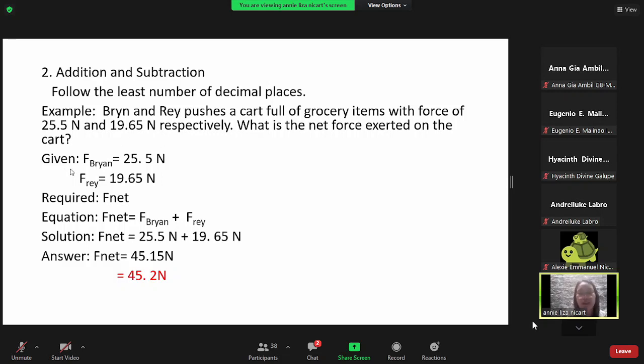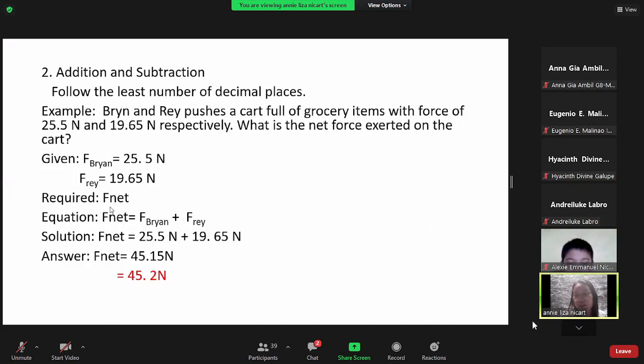These are the givens. The force exerted by Ryan is 25.5 Newton, and the force exerted by Ray is 19.65 Newton. We are required to find the net force.